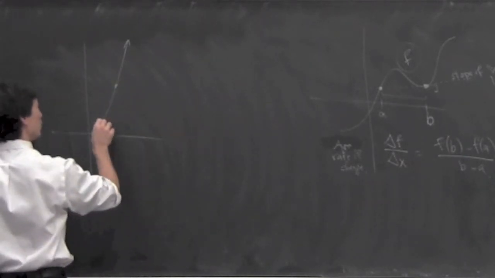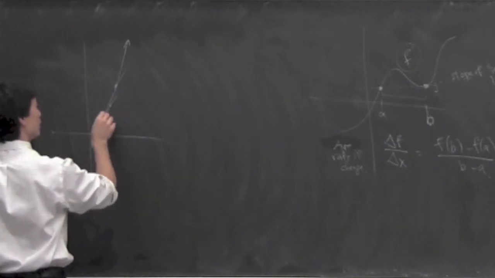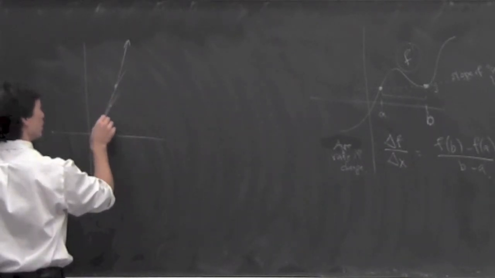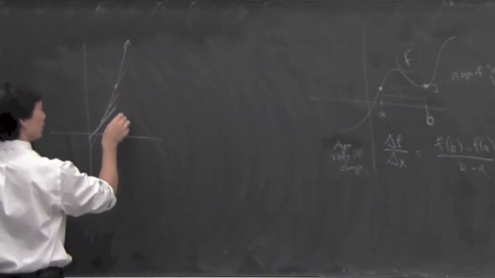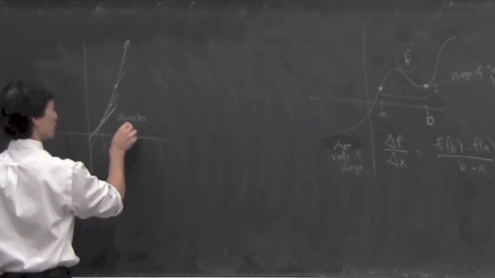If we take the slopes of different secant lines, they get closer and closer to a slope of 2.